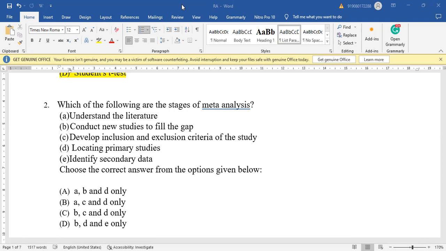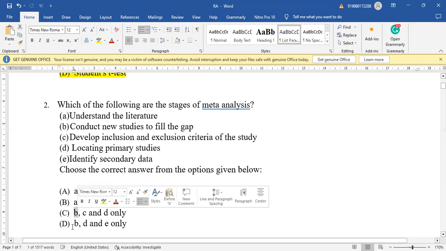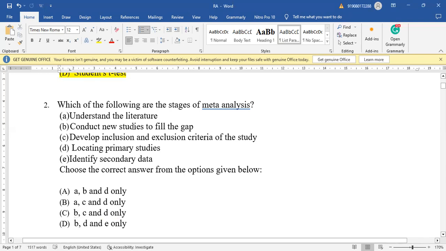Whenever a coding question comes like this, find out which is the wrong answer. Which is appearing maximum? B is appearing maximum. Let me check out B. Conduct new studies to fill the gap. This is quite difficult to answer because it looks quite fair.